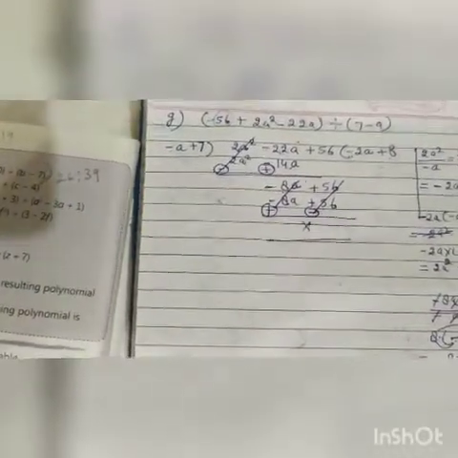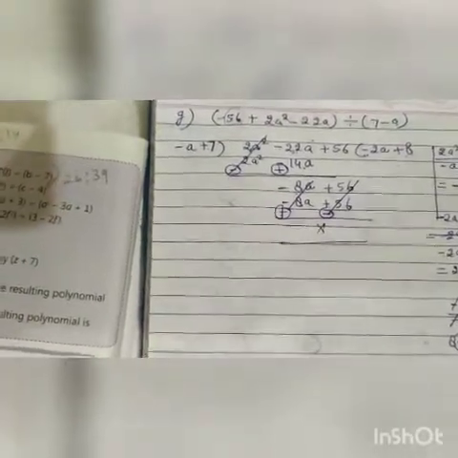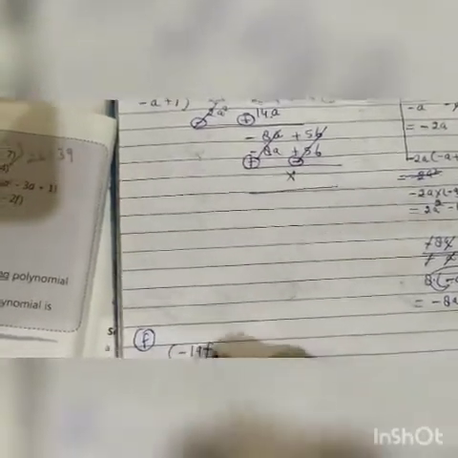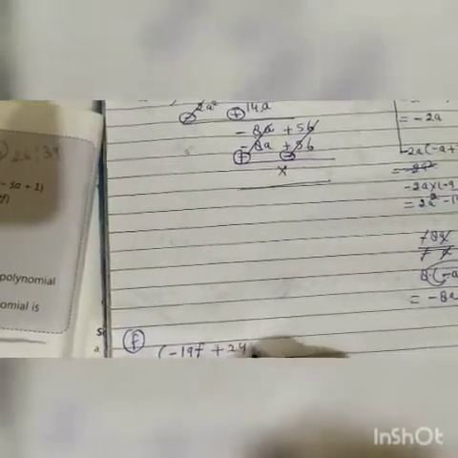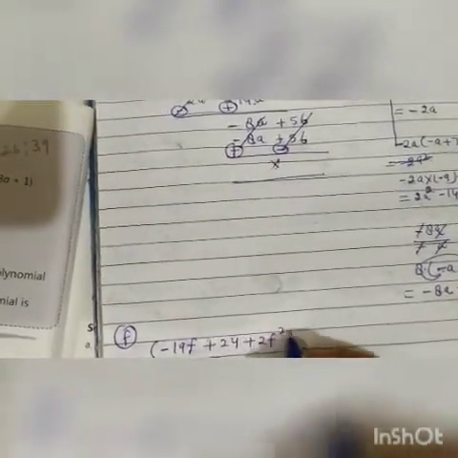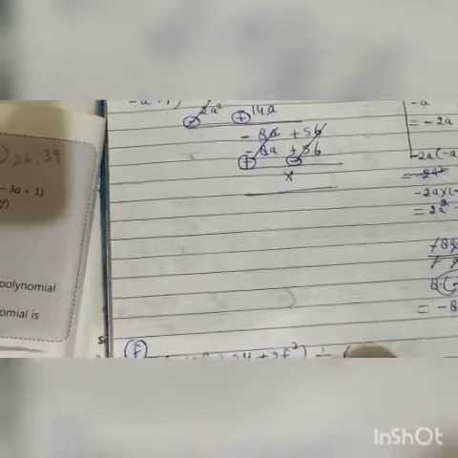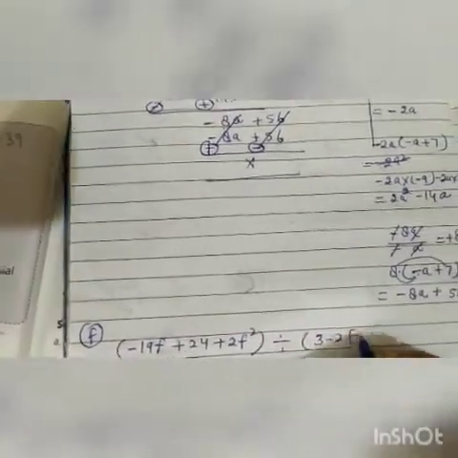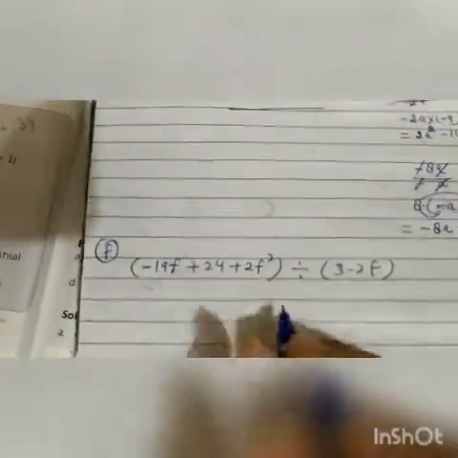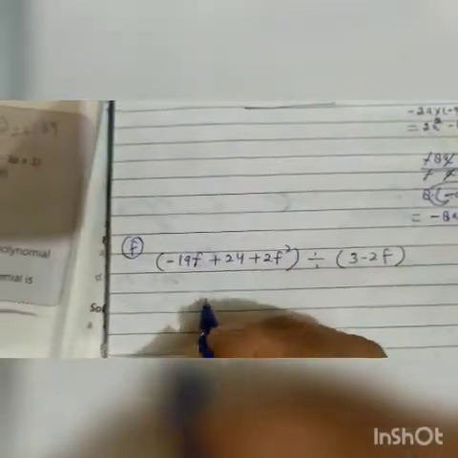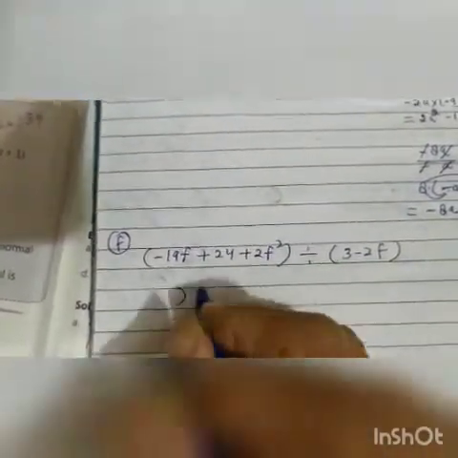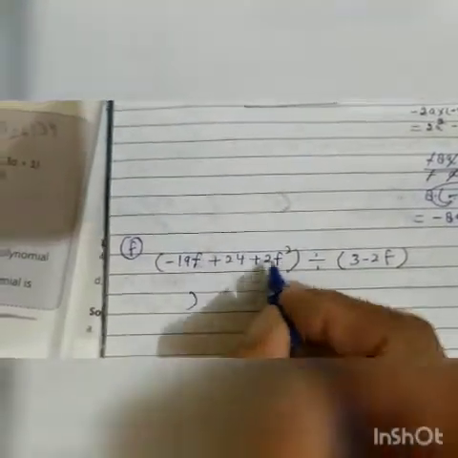Now come to the F part. In F part, the question given is minus 19f plus 24 plus 2f square divided by 3 minus 2f. So students, how will we write it? We have to divide, this is the dividend.